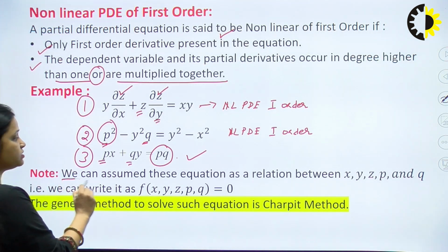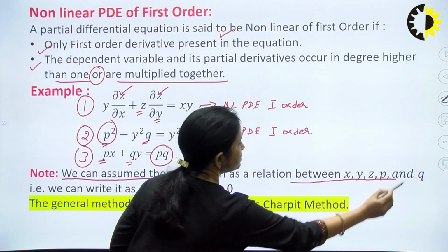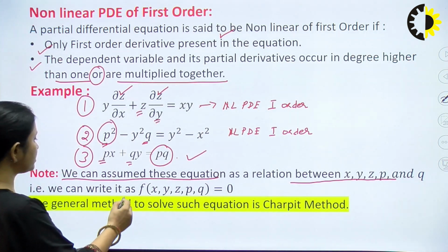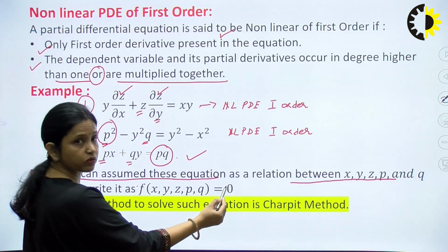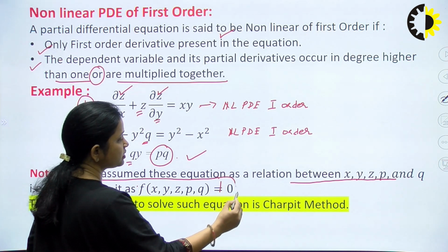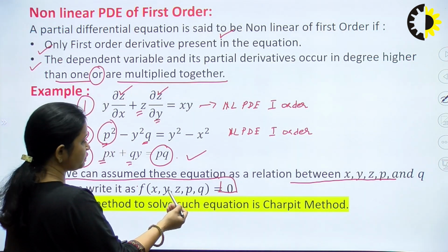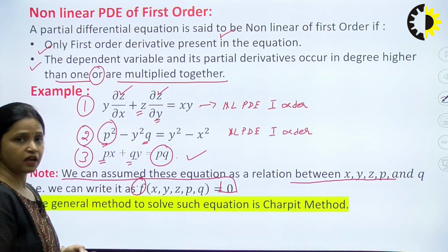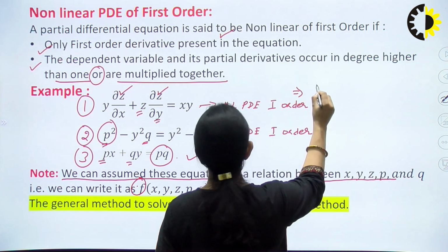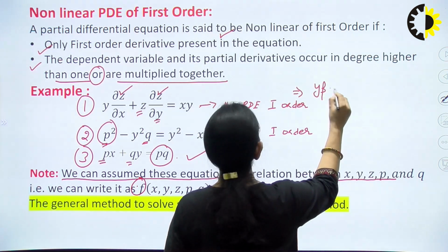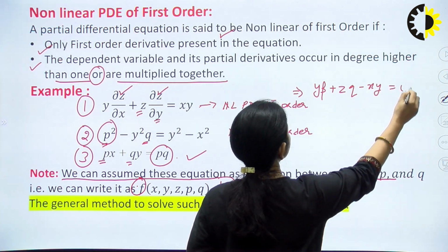Besides this, we can assume all these equations as a relation between x, y, z, p and q, and we can write them in terms of a function f(x, y, z, p, q) is equal to 0. Means we can make the right hand side equal to 0, then the expression on the left hand side will be denoted by f. For example, the first equation can be written as yp plus zq minus xy is equal to 0.